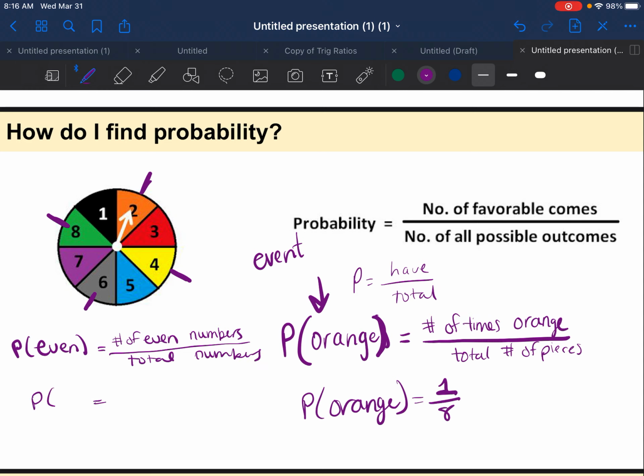So the probability of even is 4 over 8. I'm going to simplify here to 1 over 2. And because I know that decimal, I'm just going to go ahead and put that as 0.5. All of these are correct.